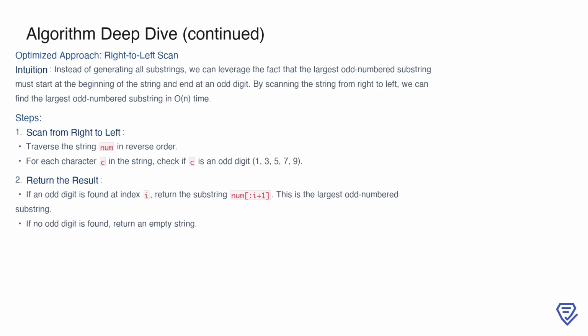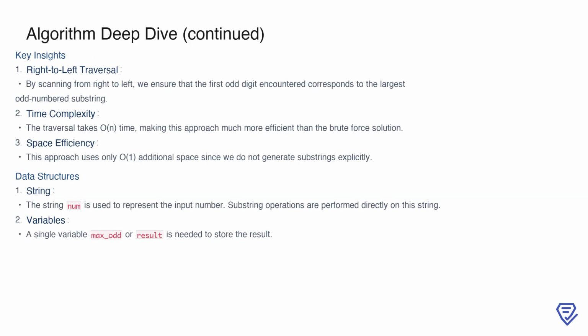This approach eliminates the need to generate all substrings and reduces the time complexity to O(n), making it significantly more efficient. Scanning the string from right to left is effective because it ensures that the first odd digit encountered corresponds to the largest odd-numbered substring. The time complexity of this method is O(n), as we only traverse the string once.